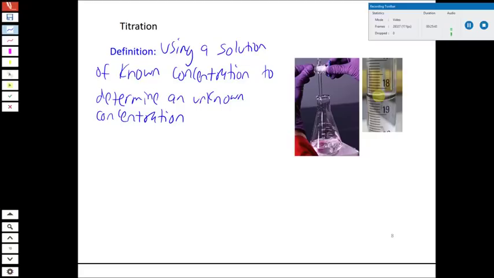Okay? The most common type of titration that we'll deal with are acid-base titrations. So you're going to add a solution of a base to an acid or vice versa.